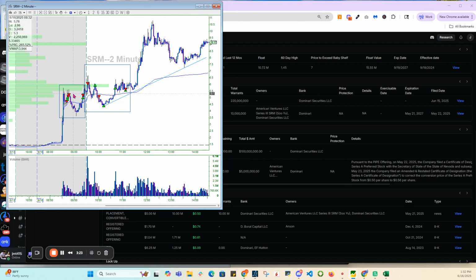The reasoning is that we know that they have shares that they can sell for a huge profit, basically 10x, and they're not. I went over this with MGOL. They had a bunch of cashless warrants and the stock was up several 100%, but there was no selling pressure on it. And MLGO was another one where it was way over their cost basis, but still no signs of any selling. So that's a reason to believe that it could be going higher. But anyways, I didn't long it.